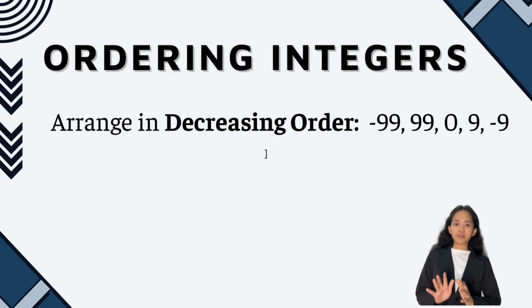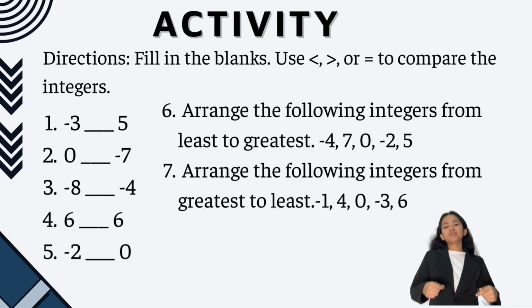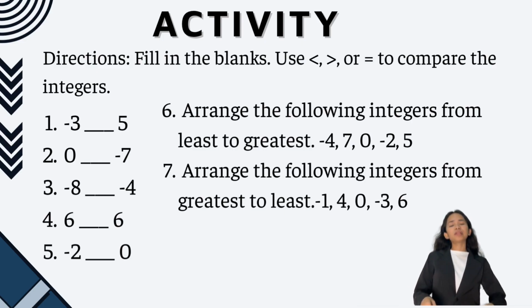Yes, very good. Now that you have understood our lesson, we will have our activity. Get 1/2 crosswise and follow the directions. Fill in the blanks and use the less than, greater than, or equal sign to compare the numbers.